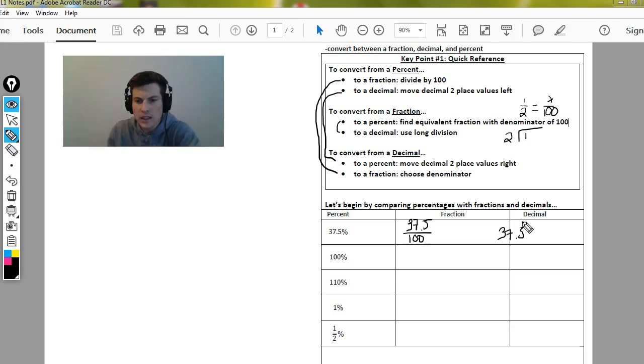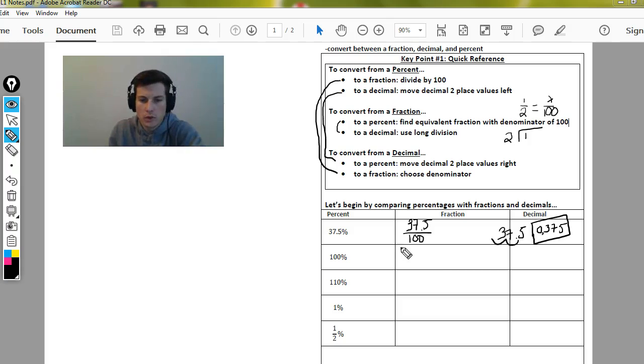And then this is a percentage of 37 and 5/10. So I want to move this decimal to make the number smaller, because percentage means this is 37 and 5/10 out of 100. Move the decimal place two place values left. And now I can rewrite this as 0.375, and in math vocab, that would be 0 and 375 thousandths.